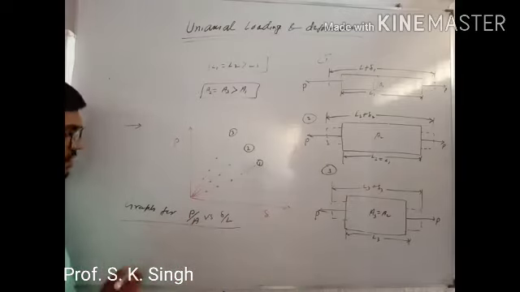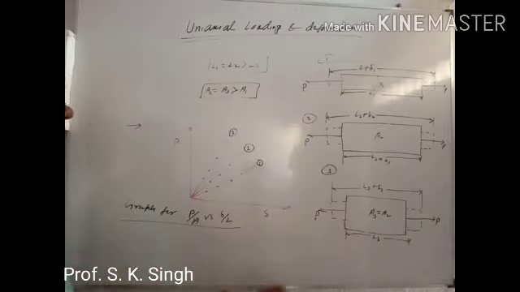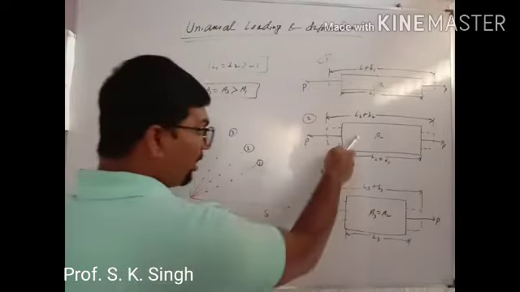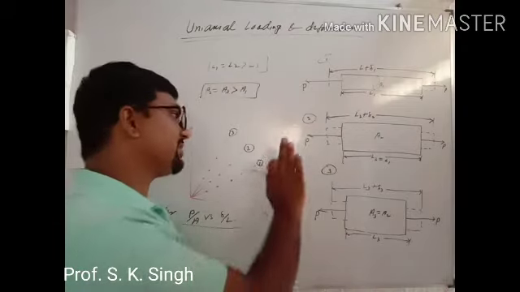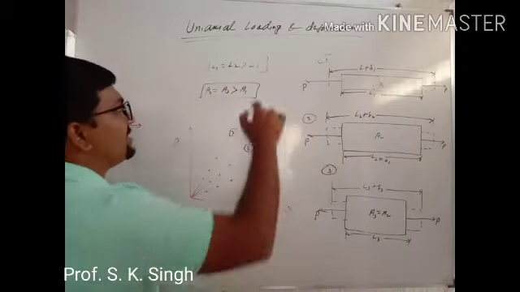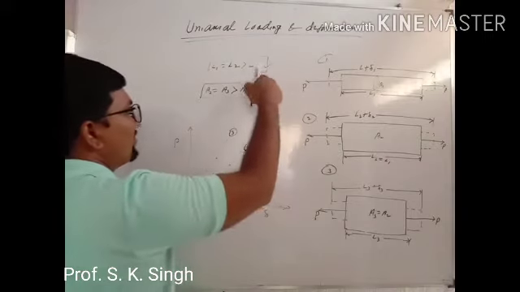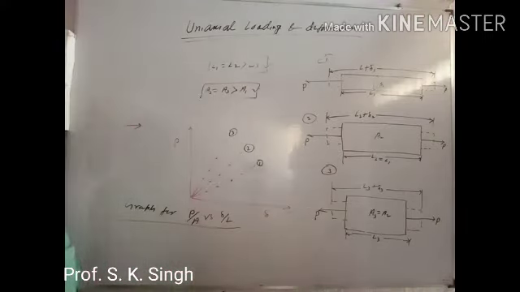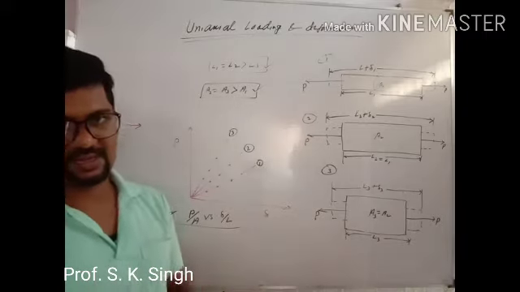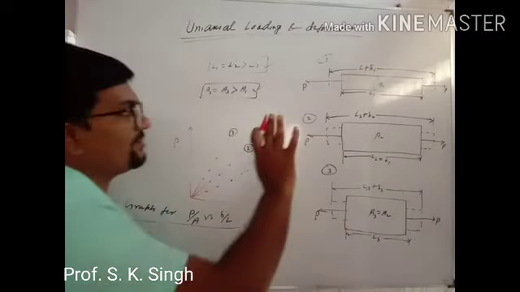What are the graphs you will get for these three things? All three are the same material. Understand correctly, all three are the same material. Whatever changes I made, you can see here, I only changed the area and the length. I did not change the material properties.